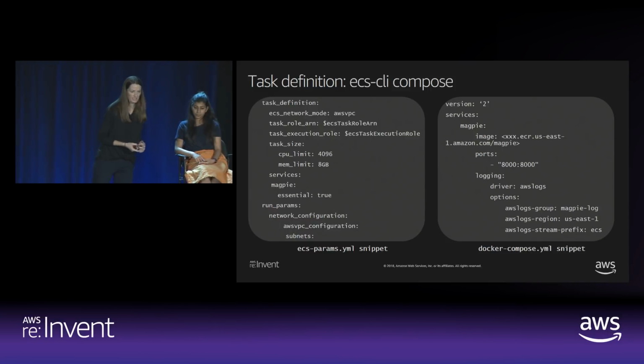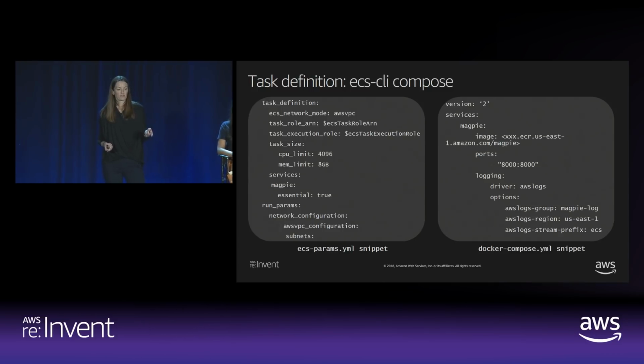So let's talk about what you need here. Network mode: AWS VPC is required for Fargate. Your task role ARN, so any permissioning, if you want to restrict or allow things for the containers that are going to be in here. The execution role, which you'll need for accessing the ECR, or if you want to log to AWS CloudWatch.